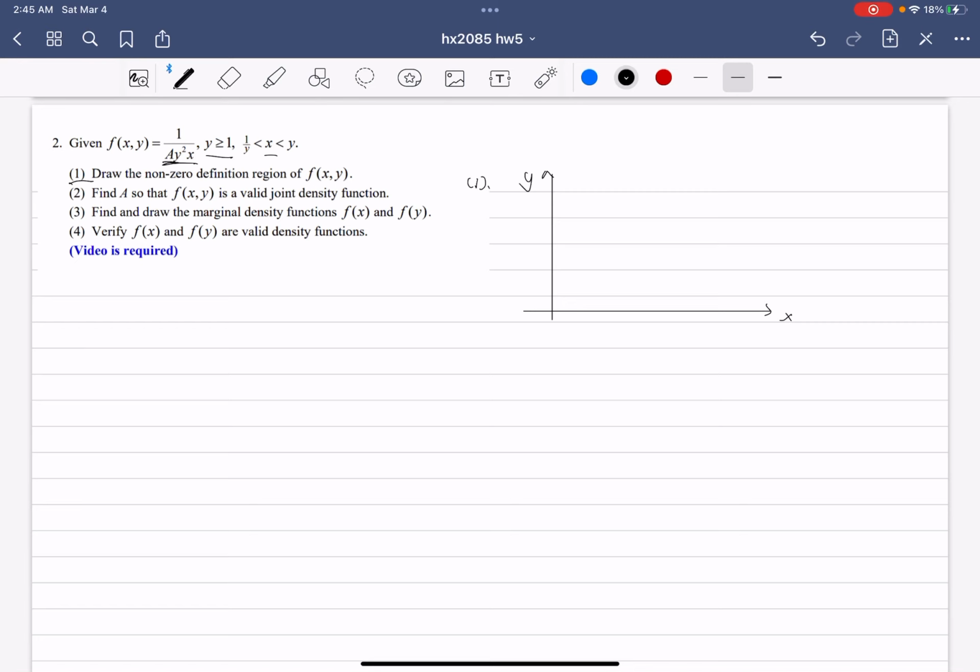First we need to draw the function that x equals 1 divided by y, like this. And the function that x equals y.